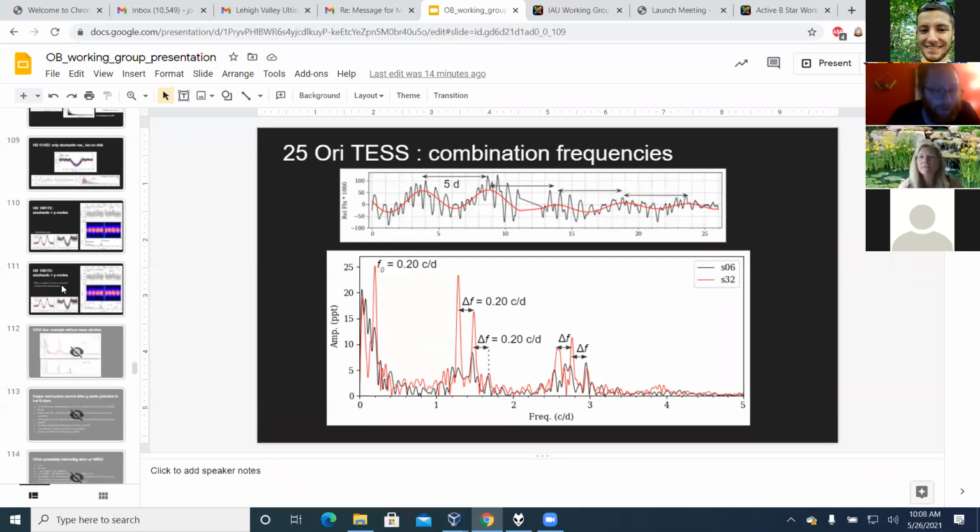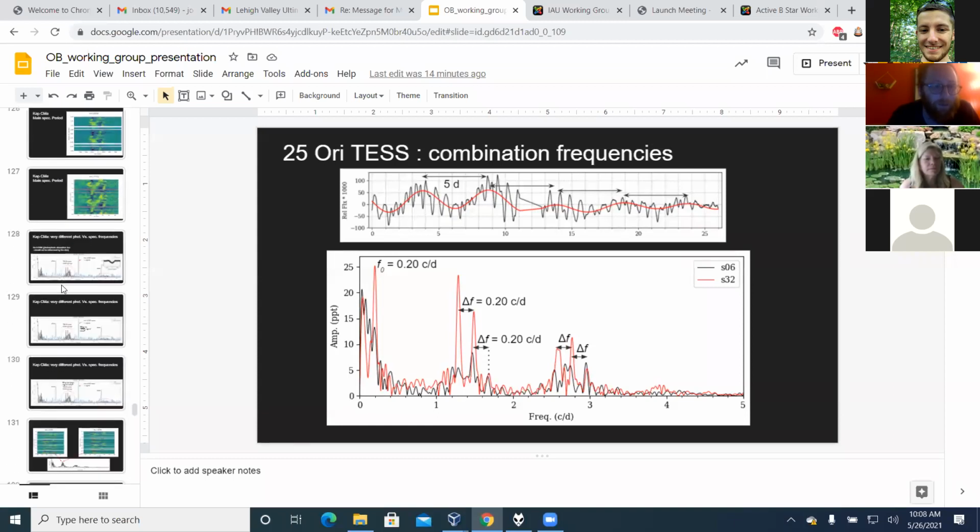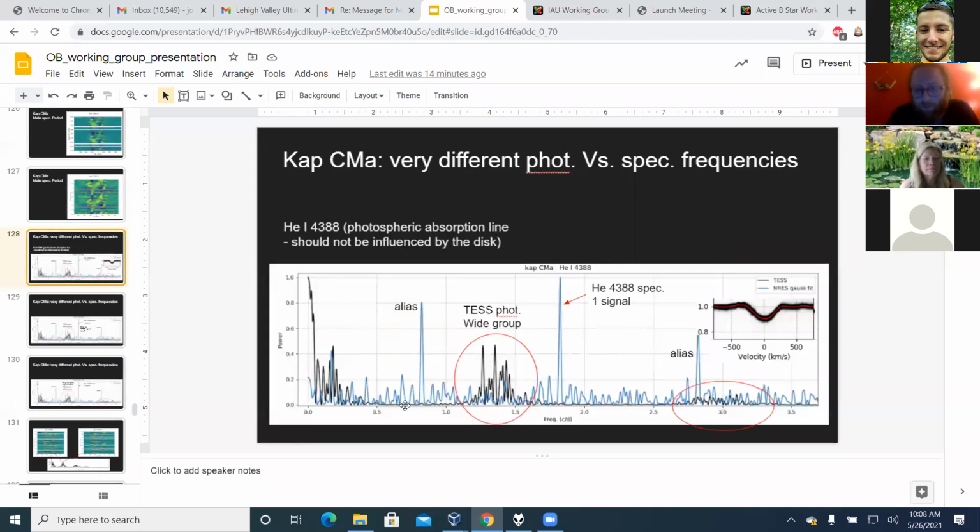Just on that same topic, there's another star similar to 25 Ori that was observed basically the same way with spectra, and it shows the same situation, but even worse. In this star, you have a really strong spectroscopic signal at this blue line here, and this is the TESS frequency group, and there's absolutely no power in TESS at the main spectroscopic signal, and essentially no spectroscopic power at the main TESS frequencies.